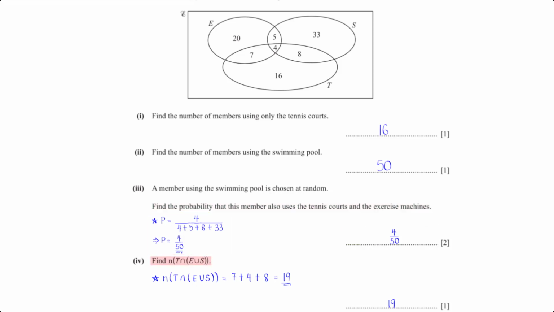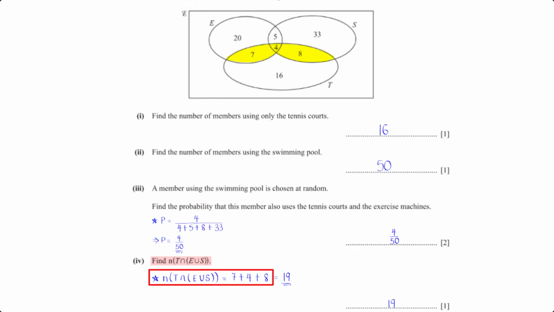Find the number of members who use the tennis courts and the exercise machines or the swimming pool. The number of members in this region is 7 plus 4 plus 8, which is equal to 19.